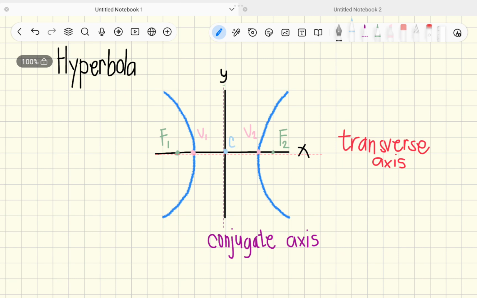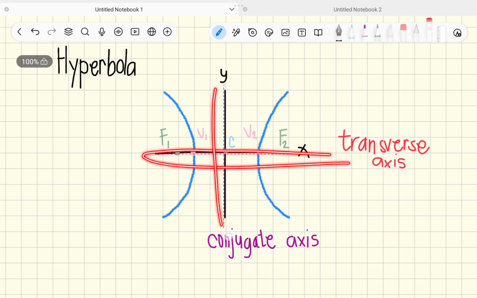Then transverse axis, this one, and your conjugate axis, which is the line perpendicular to the transverse axis. And aside from that, we also have what you call your asymptotes. Your asymptotes are lines that the hyperbola approaches but never touches as it extends to infinity.